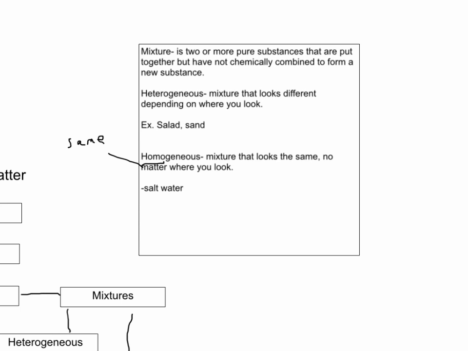If you have a glass of salt water, that salt water looks the same no matter where you look at it. Another example of a homogeneous mixture would be milk. So milk contains all sorts of things, water, sugars, proteins, but no matter where you look, it all looks the same.